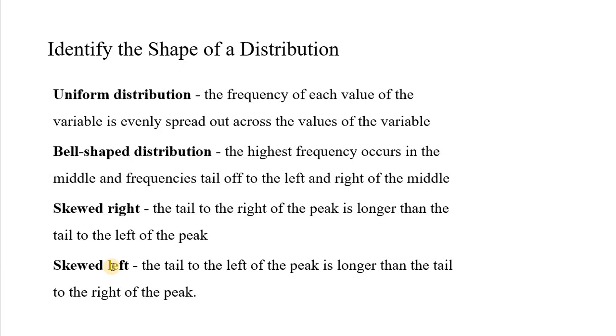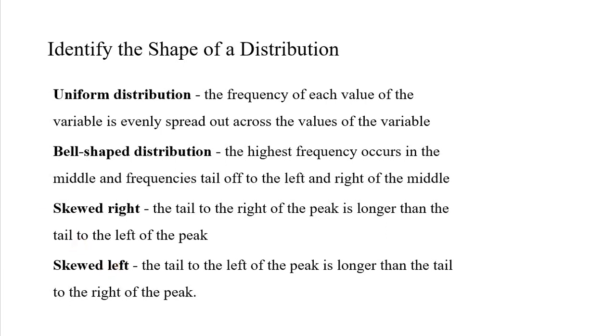Bell-shaped distribution, the highest frequency occurs in the middle, and frequencies tail off to the right and to the left of the middle. Skewed to the right, the tail to the right of the peak is longer than the tail to the left of the peak.